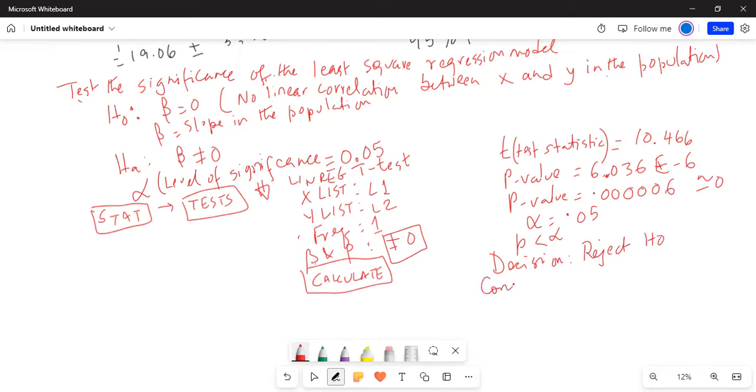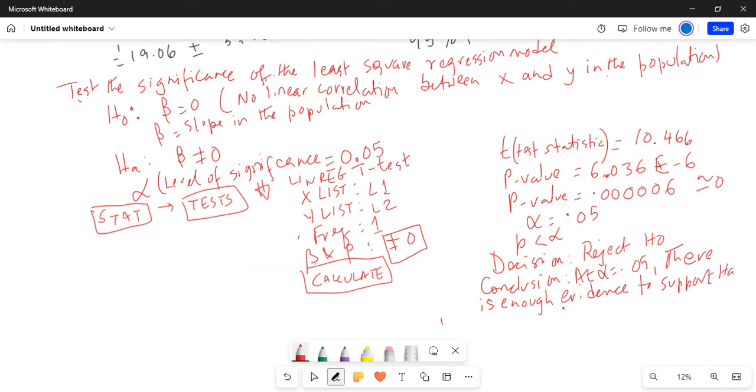Conclusion: at alpha equal to 0.05, there is enough evidence to support HA.